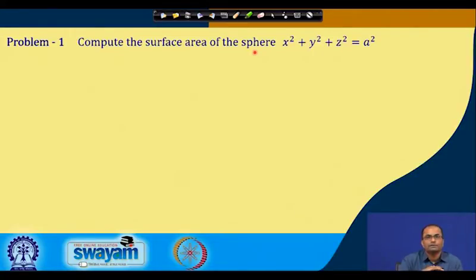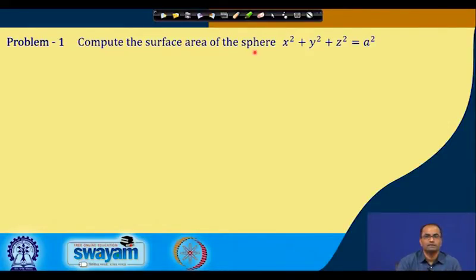So, we will take, for instance, the upper half part of the sphere, and if we project that upper half part of the sphere, this will give us the circle of radius a in the xy plane. Though we can project this onto any one of these planes, either yz or zx or xy, let us project onto the xy plane.